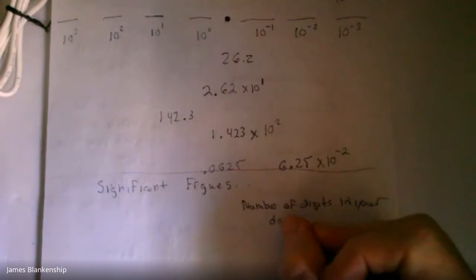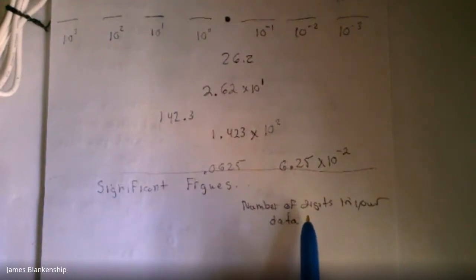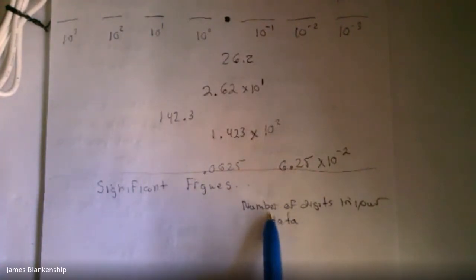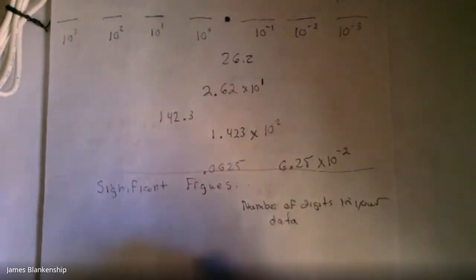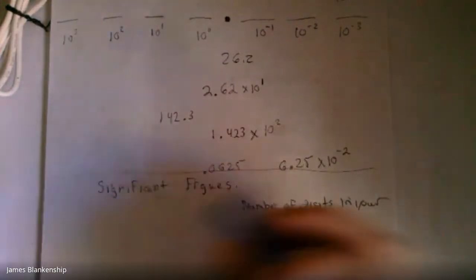You would not use a conversion to determine significant digits. Like if you were going from inches to centimeters, you wouldn't use 2.54 to do that. You would only be using the given data. And your determining number of significant digits in your answer is going to be dependent upon what operations you're doing.